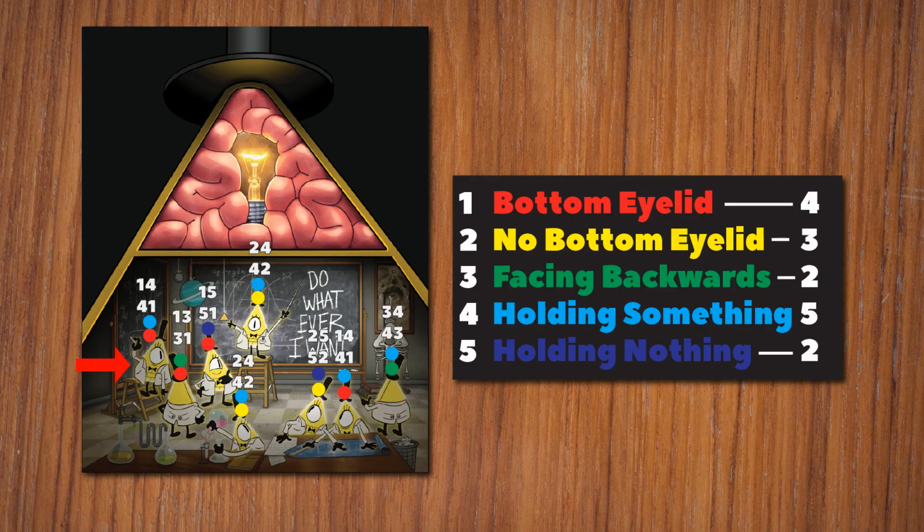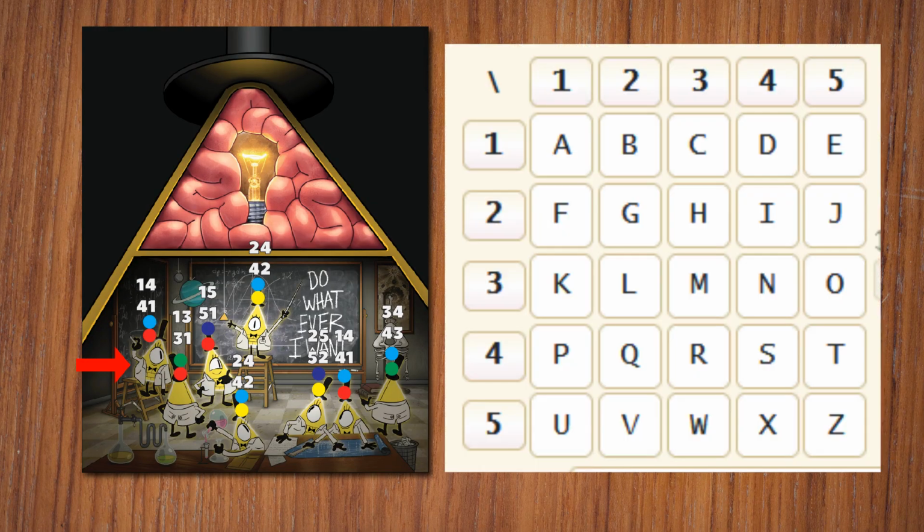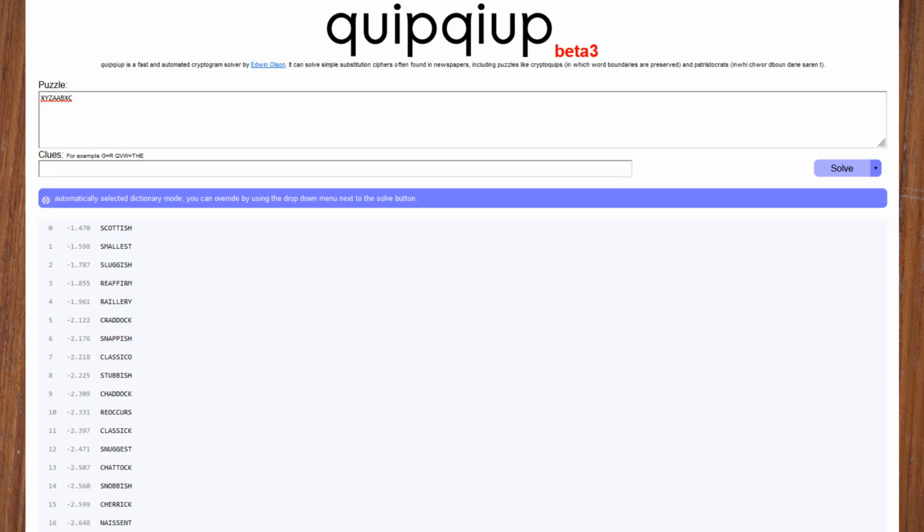And if we continue this pattern, we end up with 14, 13, 15, 24, 24, 25, 14, 34. And now using this, we can actually start to assign, again, letter values to each letter here. I used a website called Quip, and you can actually put substitution ciphers in there and it'll spit out every single possible combination.